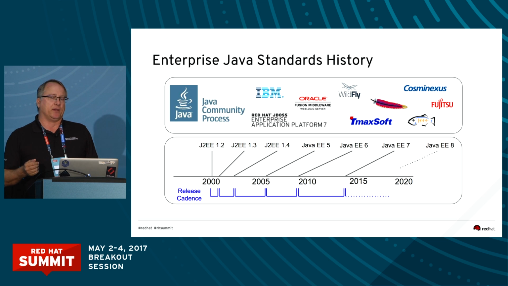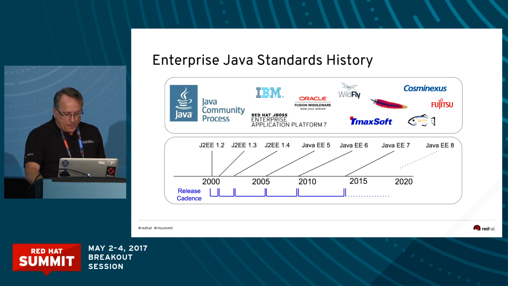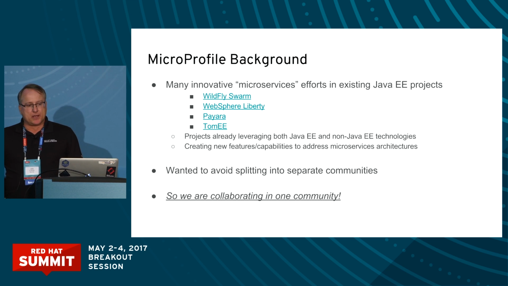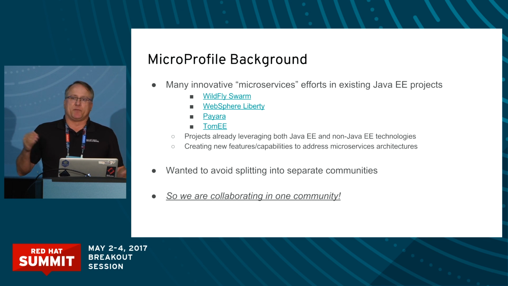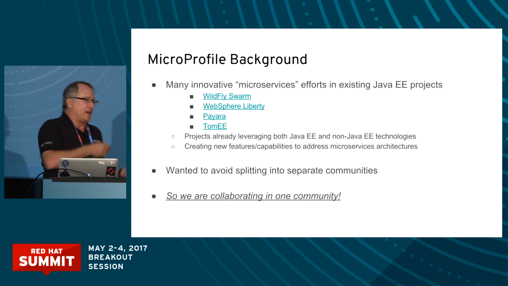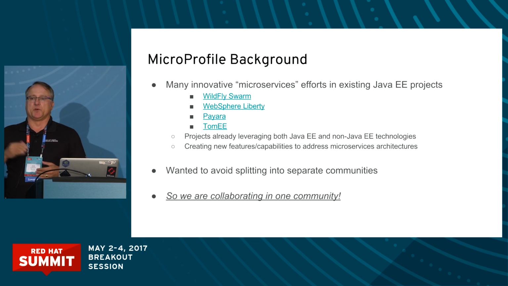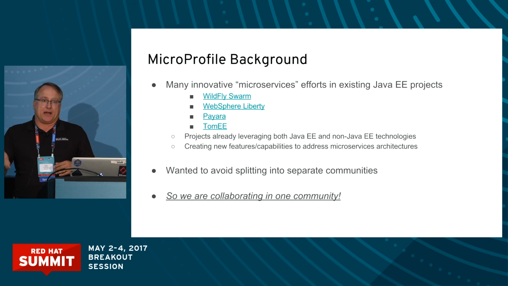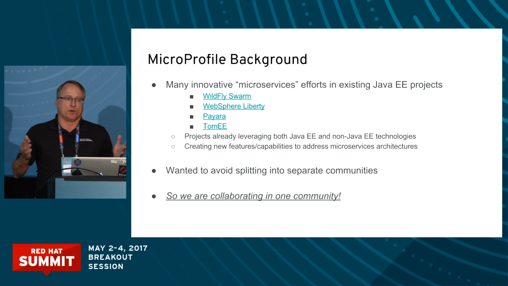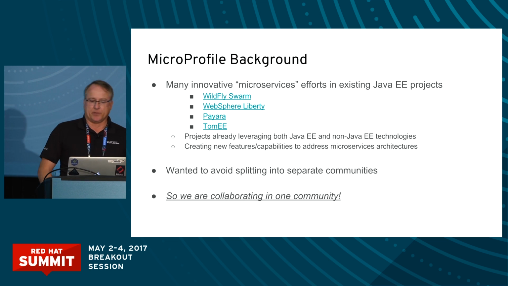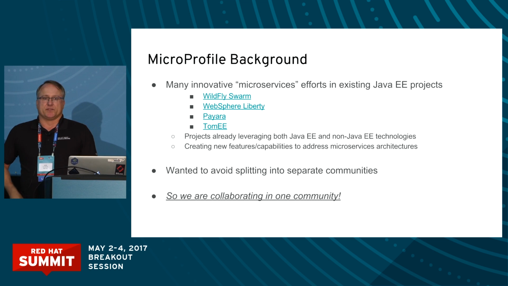This whole thing is happening, and so the vendors, you can see some of them listed here, most of the major vendors basically started going out and experimenting with microservices with their own implementations. So at Red Hat, we started experimenting around how do we make WildFly, the traditional Java EE application server, more oriented toward this new style of microservices development. And all the other vendors were basically doing the same thing.